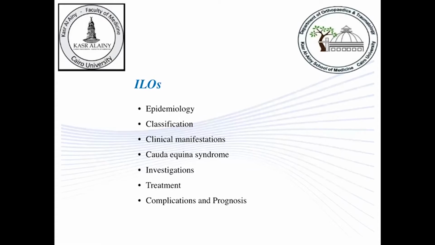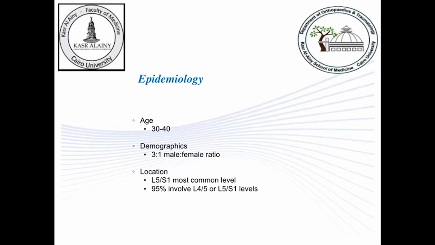Our learning outcomes are the following: epidemiology, classification, and clinical manifestations, cauda equina syndrome, investigations, treatment, complications, and prognosis. Lumbar disc prolapse is more common in males with a ratio of 3:1.